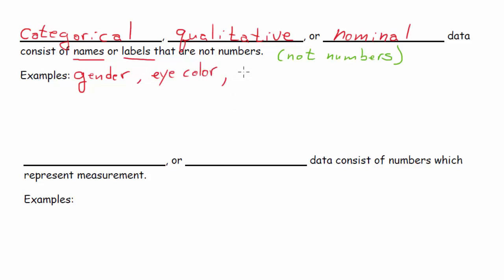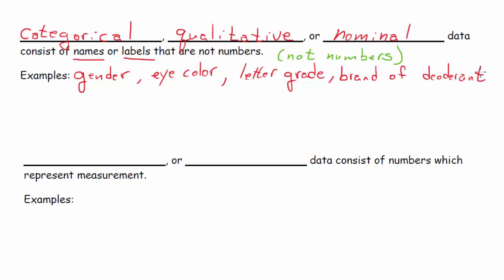Another example might be a letter grade, whether you received an A, B, C, D, or an F. Another category might be brand of deodorant. Okay, so for all of these classifications, the data that we're collecting is going to be some sort of label, name, category, but what's important here is that it's not a number.